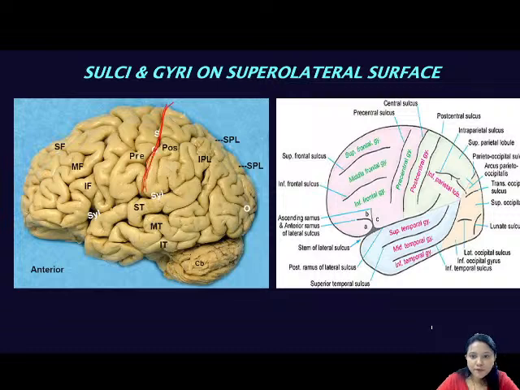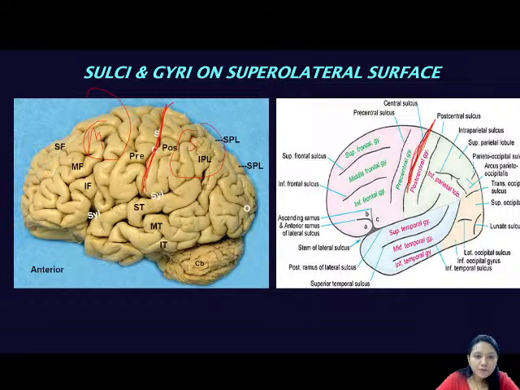You can see the central sulcus in this image as well. As I told you, the central sulcus is going to divide the entire brain into the anterior motor and the posterior somatosensory area. So this area will be your motor and this area will be your somatosensory.